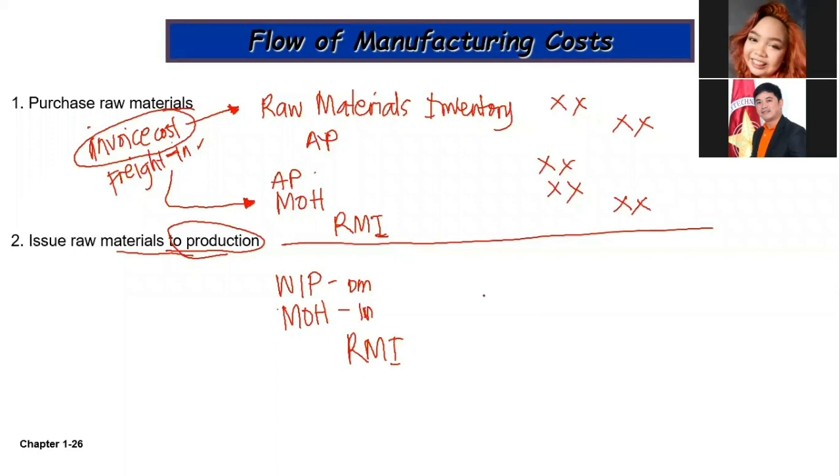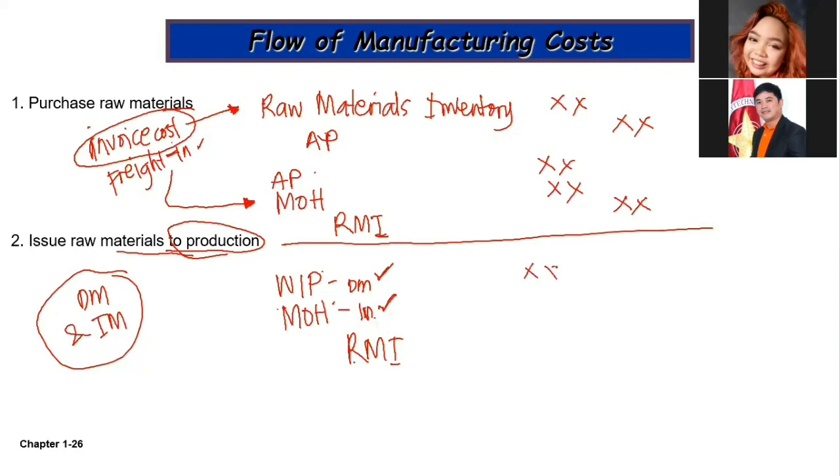Kasi may mga companies na ang raw materials inventory magkasama ang direct materials and indirect materials. Kaya naman, when they issue to production the raw materials inventory, you have to identify how much ang direct, how much ang indirect. Because kapag direct, ide-debit sa work in process. Pag indirect, ide-debit sa manufacturing overhead. Remember, the indirect materials, part siya ng T-RUD natin sa overhead.